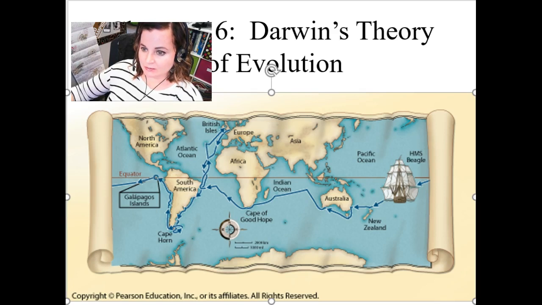He was hired on as a naturalist, so his job was actually to observe the natural world and to record his observations, to catalog the species of living plants and animals that he encountered along the journey, because the world was much less known back then than it is today, right?